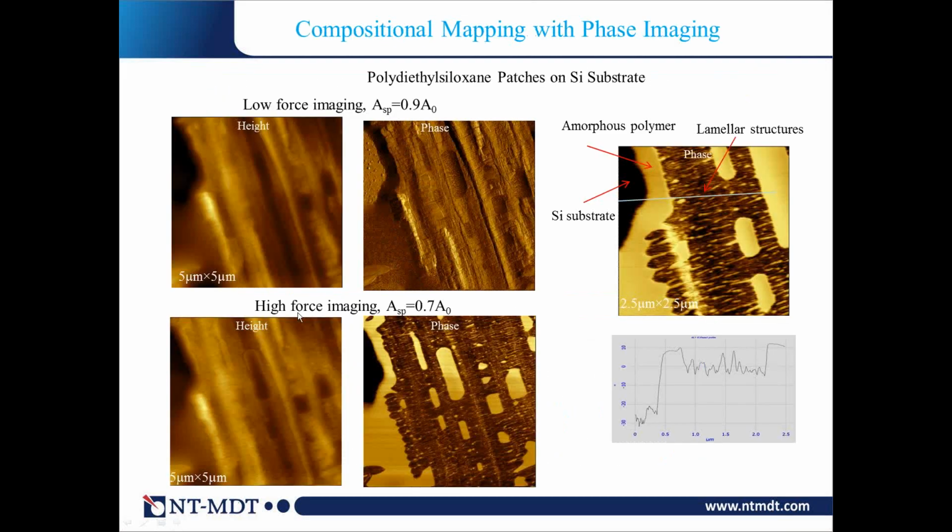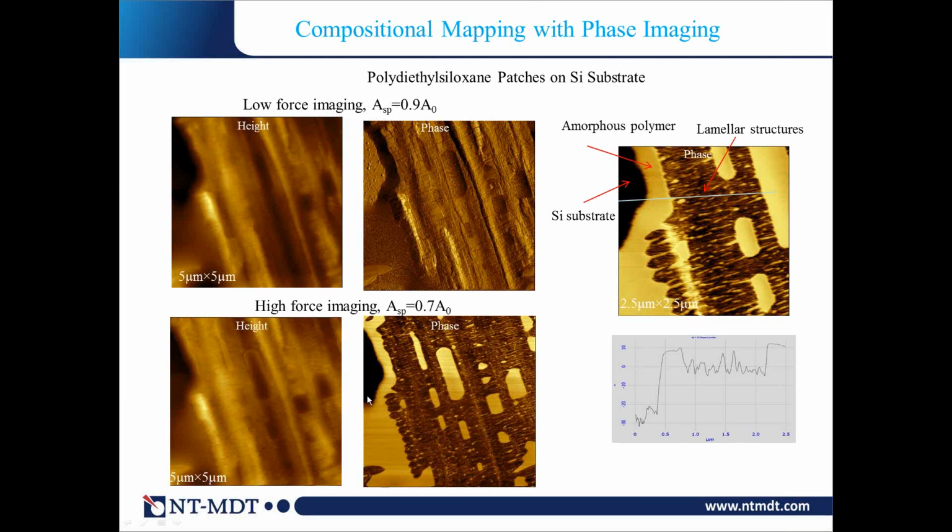Now we will switch from the high-resolution imaging for the visualization of surface structure a little bit to compositional imaging, or compositional mapping, and first with phase imaging. Here, a typical polymer, polydiethyl siloxane, spread on the surface.